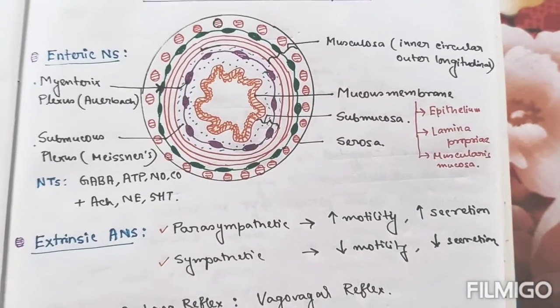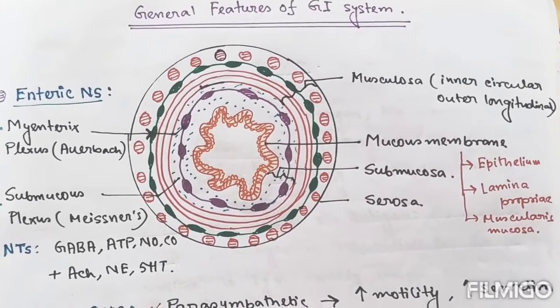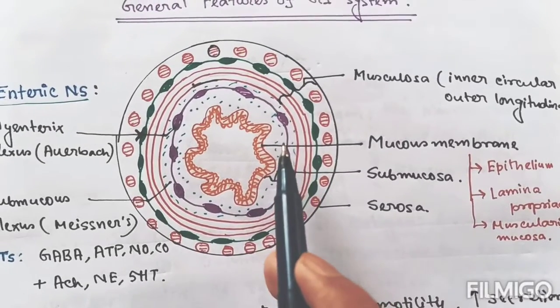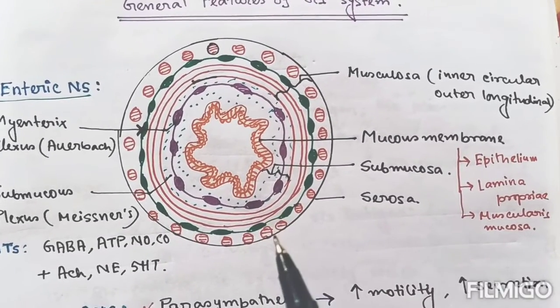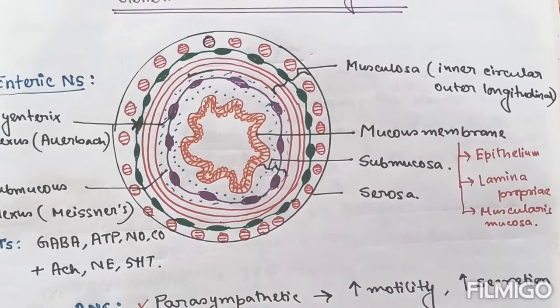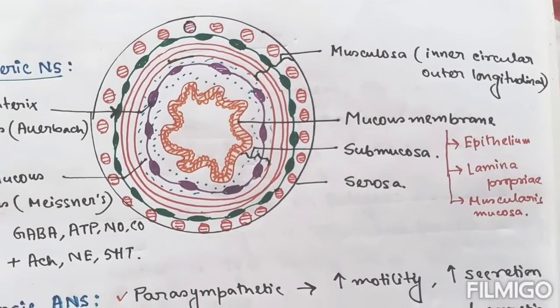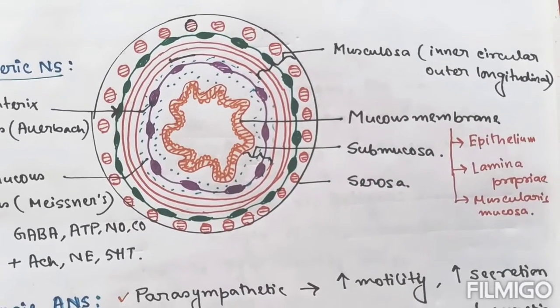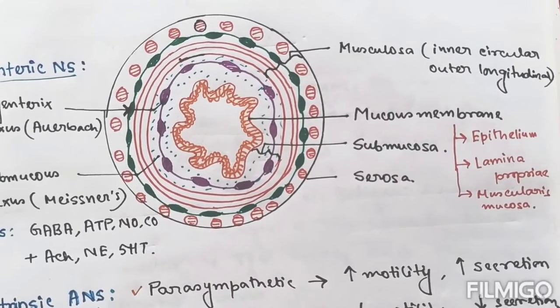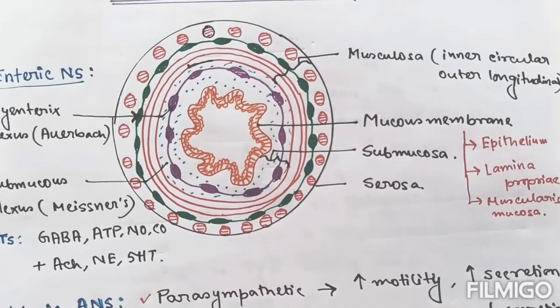And in case of stomach, there is an extra oblique muscle layer inside the circular muscle layer. The serosa is the outermost layer covering the intestine. It is formed by the peritoneum actually, which invests all sections of the gastrointestinal tract except the esophagus and distal rectum.